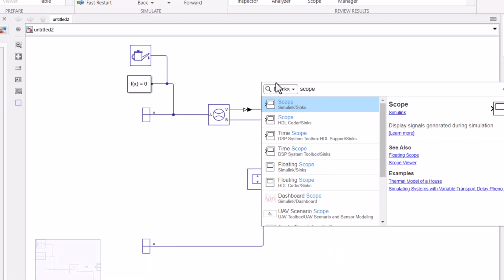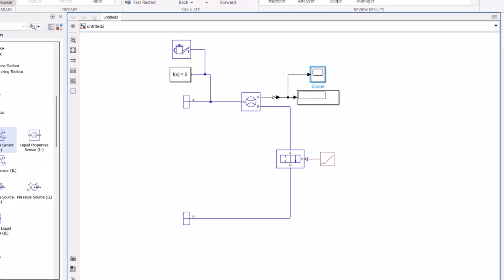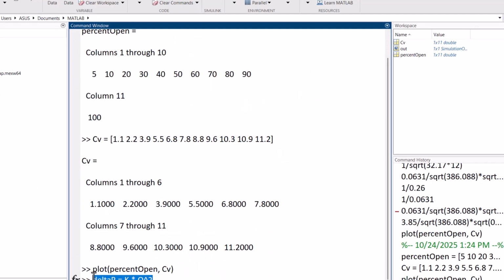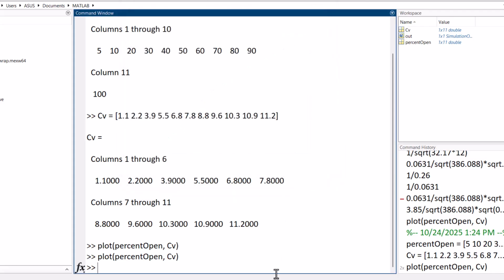I also add a scope block to see how the flow rate changes. And you probably might guess that this scope is going to be displaying the flow coefficient of the valve in a graph similar to this plot. So I'm going to define CV again. CV is the flow rate which is going to exert 1 psi of pressure drop.